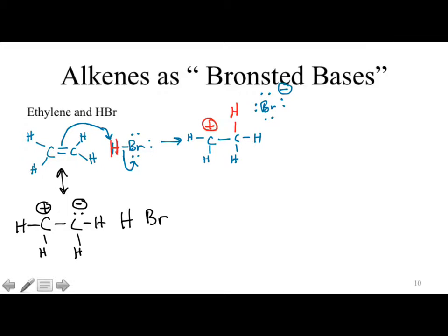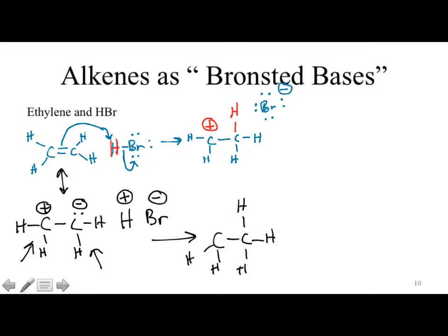H plus, Br minus. How do I stabilize the negative on this carbon? Let's give it the hydrogen. How can I stabilize the positive on this carbon? I give it the bromine. Okay, so I could end up with this as a possible answer, knowing really nothing much about the mechanism.